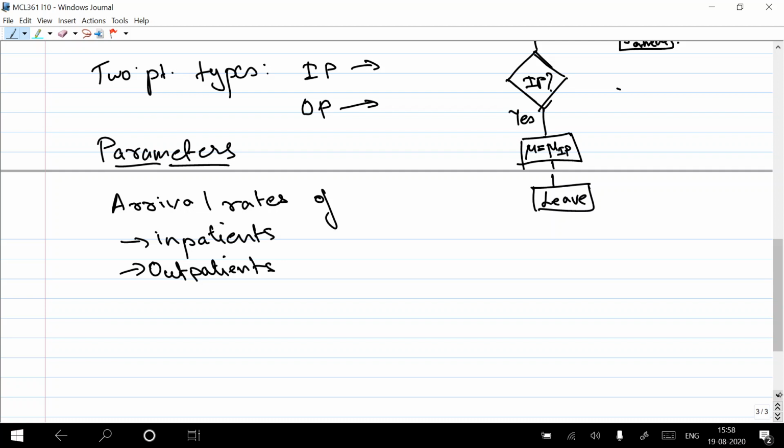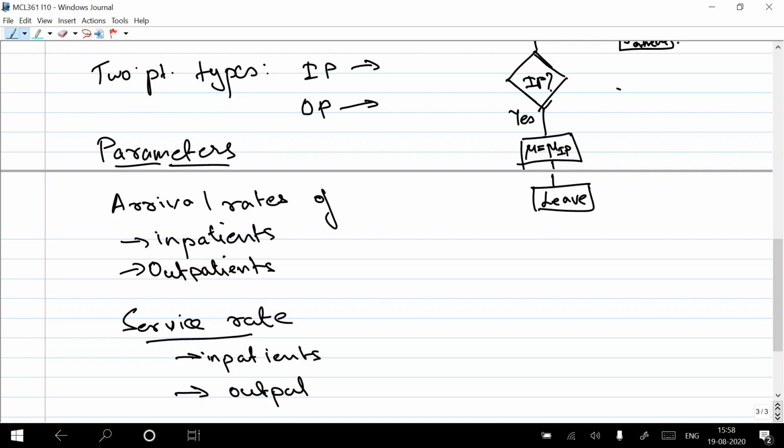So in our case we just have arrival rates, of course, and then once the patient comes and is ready to enter service, the question is, what is the service rate, or the processing times, right? So service rate for inpatients and service rate for outpatients.